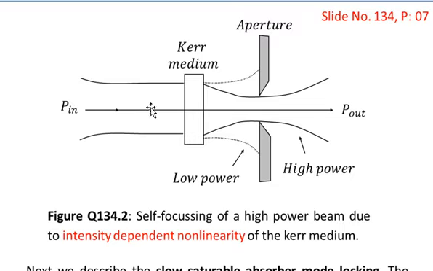Only high power oscillations will sustain within the cavity, because only high power pulses will make the Kerr lens act as a spherical lens, and the light will then be focused on the output aperture and come out as an output power beam. So the caption is self-focusing of a high power beam due to the intensity dependent non-linearity of the Kerr medium, because the Kerr medium has a non-linearity which depends upon the intensity of the beam.